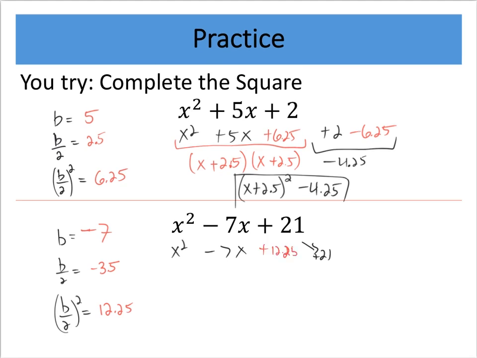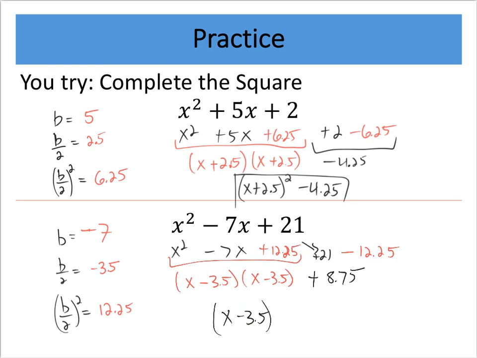We're going to subtract 12.25. This piece is our perfect square, so it's going to be x minus 3.5 times x minus 3.5. And then the leftover stuff, 21 minus 12.25, is positive 8.75. So this is x minus 3.5 quantity squared, because it's the same thing multiplied twice, plus 8.75.